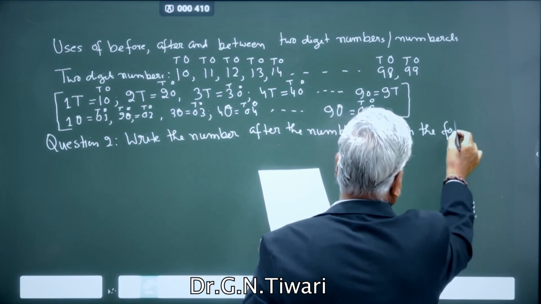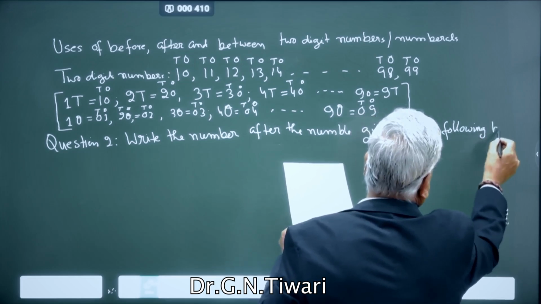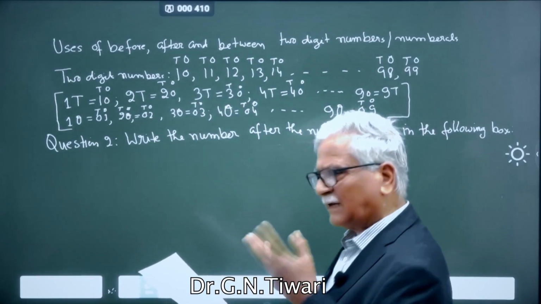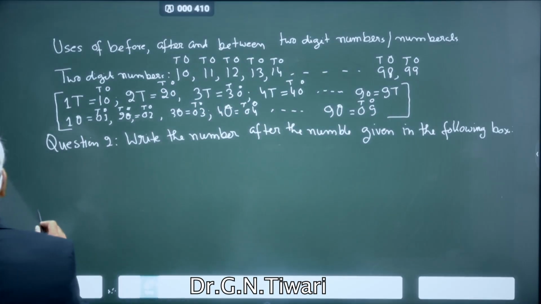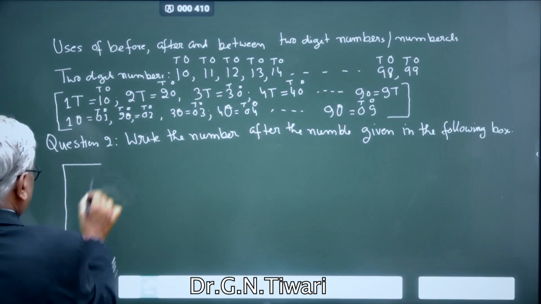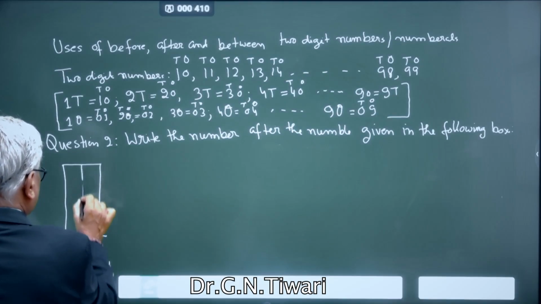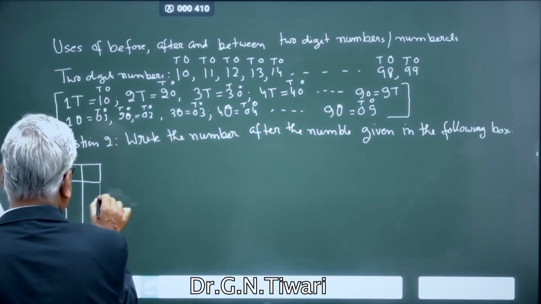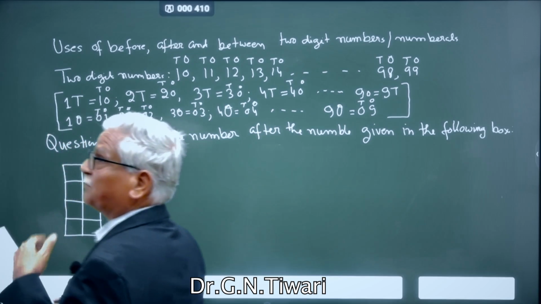You can say following. You can also say following table, but table and box mean the same thing. So just here I am repeating the same numbers which were given earlier for answering before.